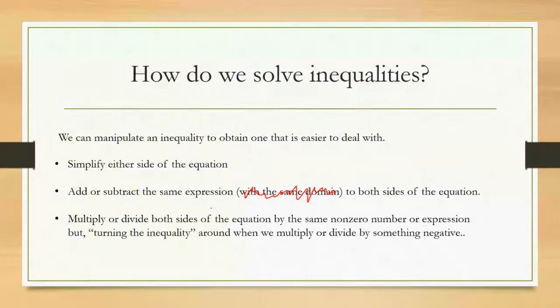Okay. But when you multiply or divide, you have to be extra careful. I mean, yes, you can only multiply or divide by something non-zero, but there's also something else you have to watch out for. If you multiply or divide by something negative, you have to turn the inequality around. You have to flip it.